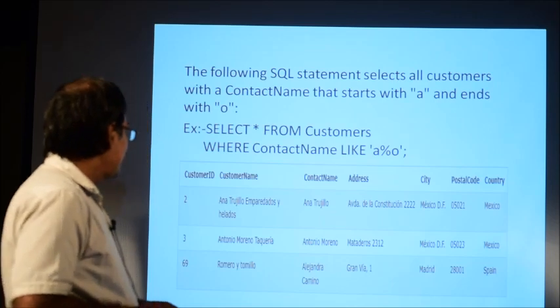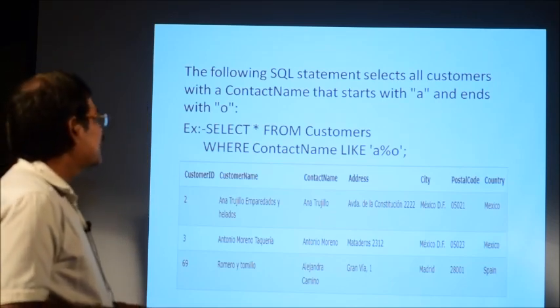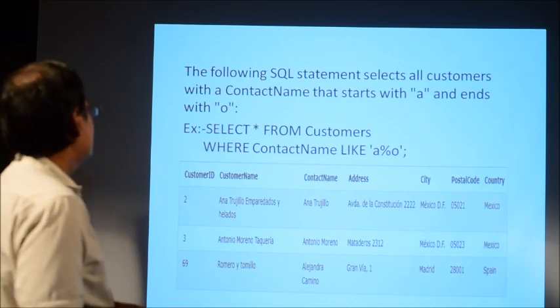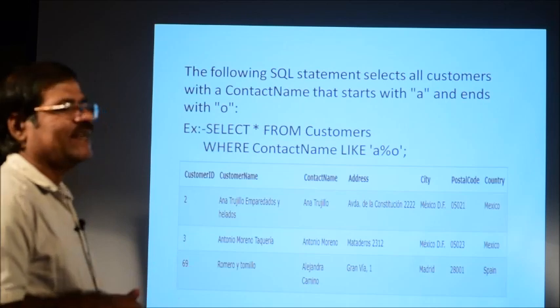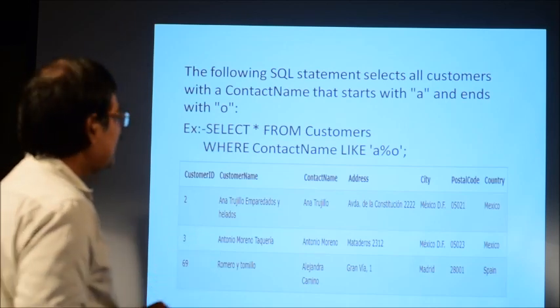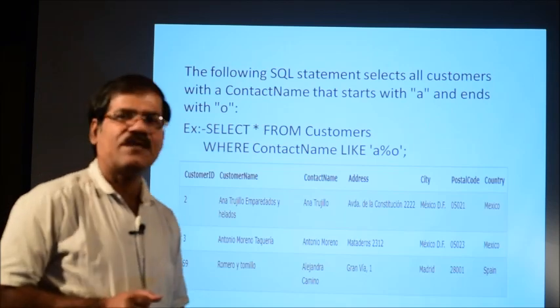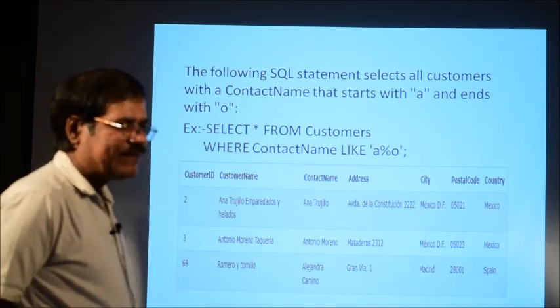Get my point? Again, the following SQL statement selects all customers with a contact name that starts with A and ends with O; that record will be selected from the customer table and displayed on your screen. What SQL statement do you write?